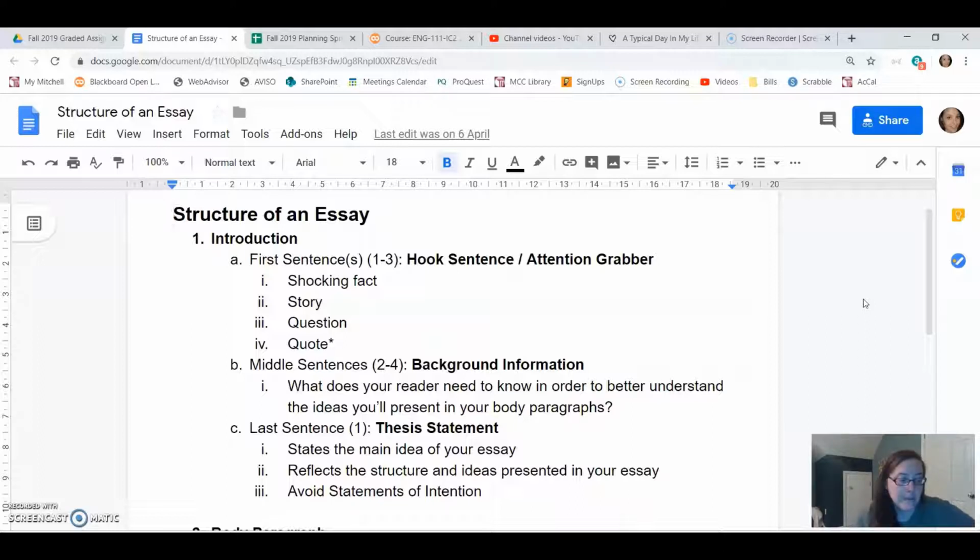So if these are ideas about you, if these are things about your day, if this is an argumentative essay that you're writing and the reader needs to understand government policy or some kind of foundation, then the background information of your introduction is the best place to put that information.